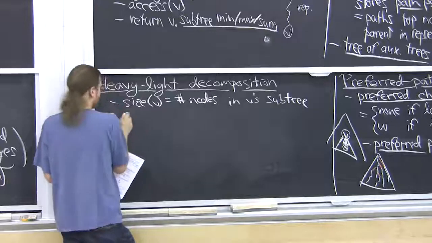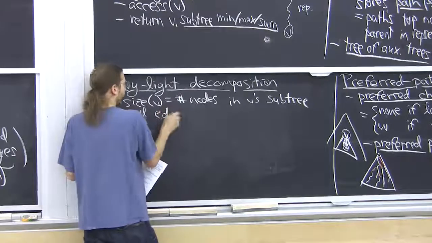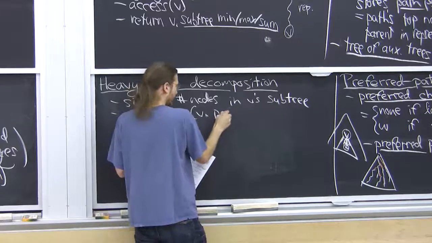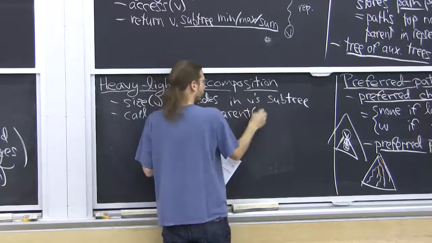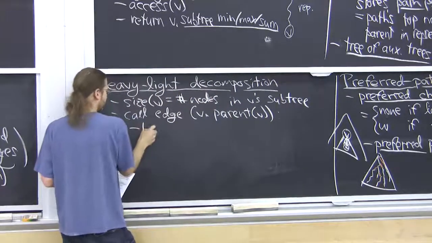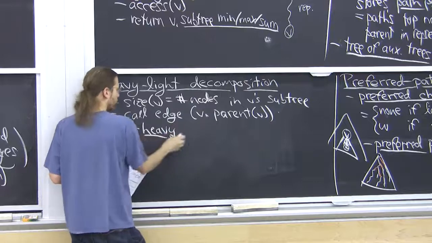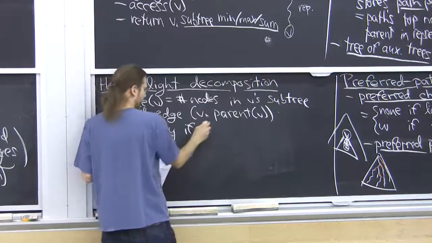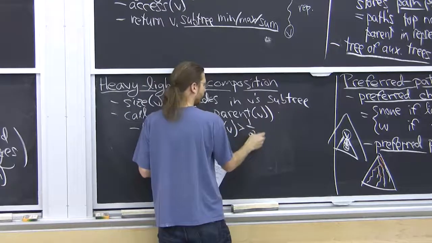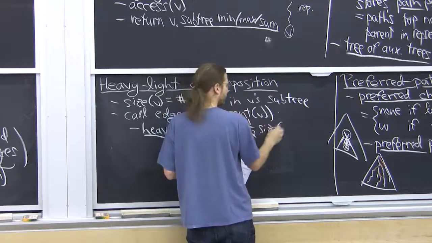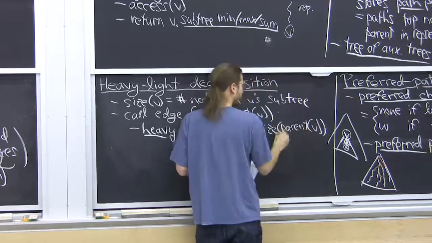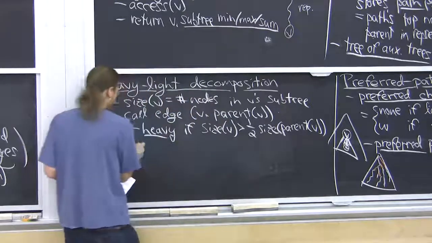And then we're going to call an edge from V to its parent heavy or light. It's heavy if size of V is more than a half of the size of its parent, and otherwise it's called light.